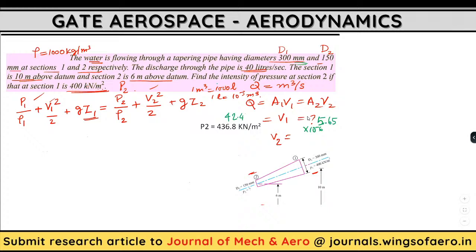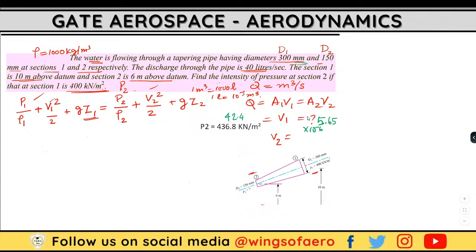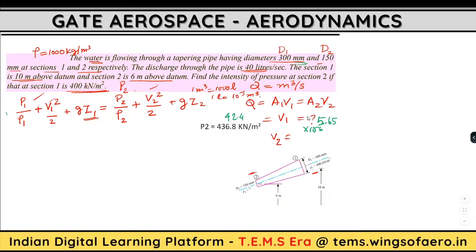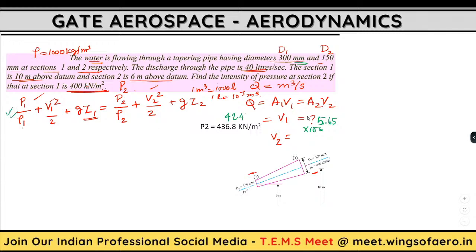So do not forget to change the units. After you find V1 and V2, you just substitute in this formula and let me know what P2 value you are getting. What is the P2 value you are getting?